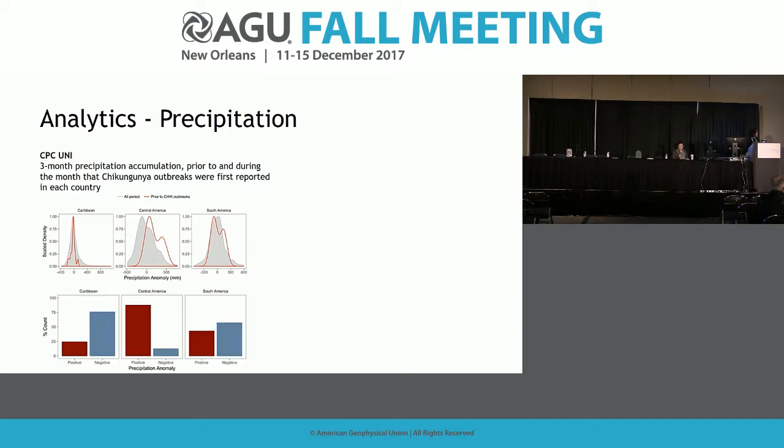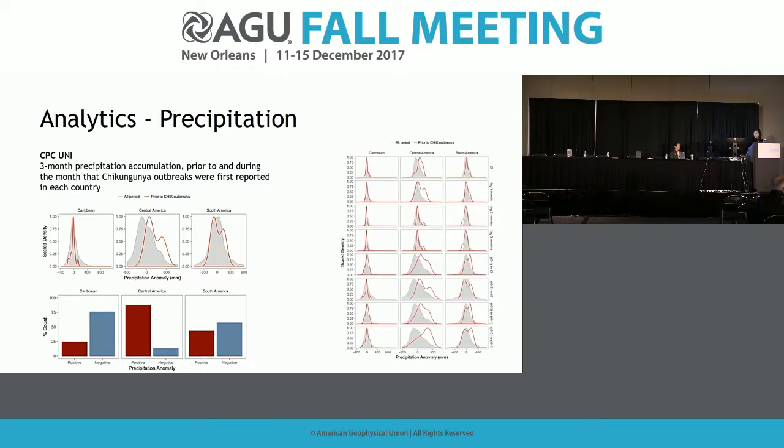Again, when we count how many locations have wetter conditions during the chikungunya outbreak, the Caribbean and South America have the same pattern, but Central America has a different pattern.